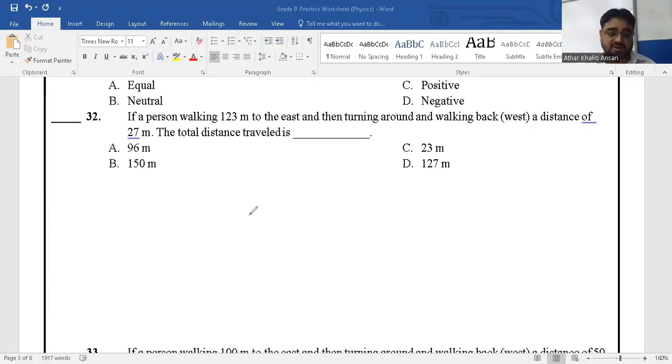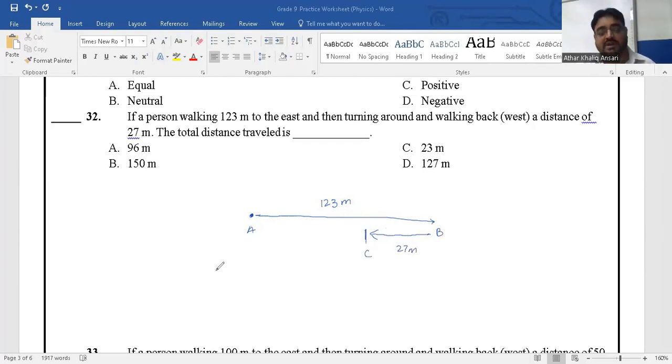Let's say the original position was A, and he goes 123 meters from A to B, and then moves back in the west direction.